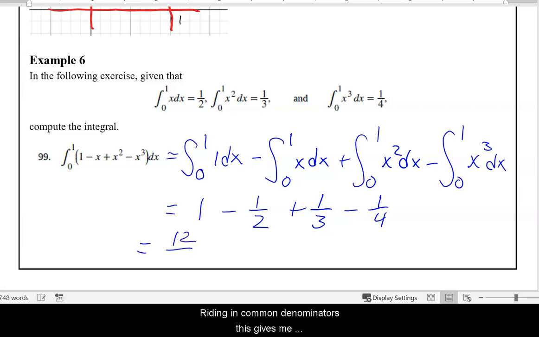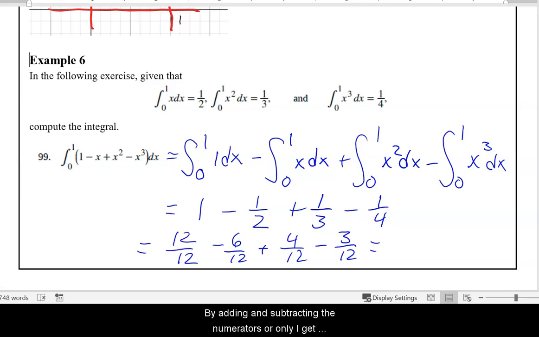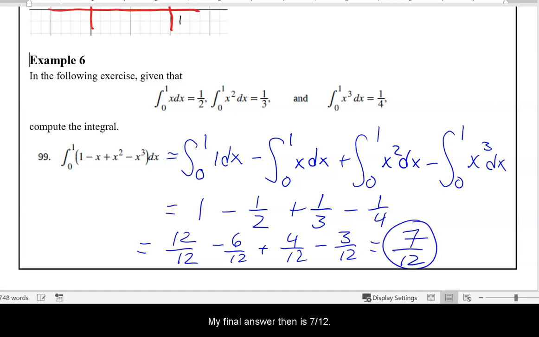Writing in common denominators, this gives me 12 over 12 minus 6 over 12 plus 4 over 12 minus 3 over 12. By adding and subtracting the numerators only, I get 12 minus 6, which is 6, plus 4 is 10, minus 3, which is 7. My final answer then is 7/12.